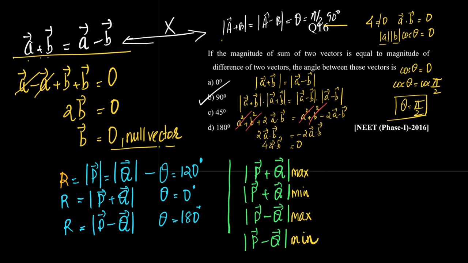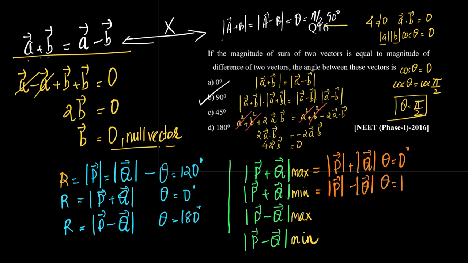And what does this imply? See, p plus q is maximum, and the maximum value is equal to mod p plus mod q, and this happens when theta is equal to 0 degrees. The magnitude of p plus q is minimum, and that minimum value is mod p minus mod q, and this happens when theta is equal to 180 degrees.